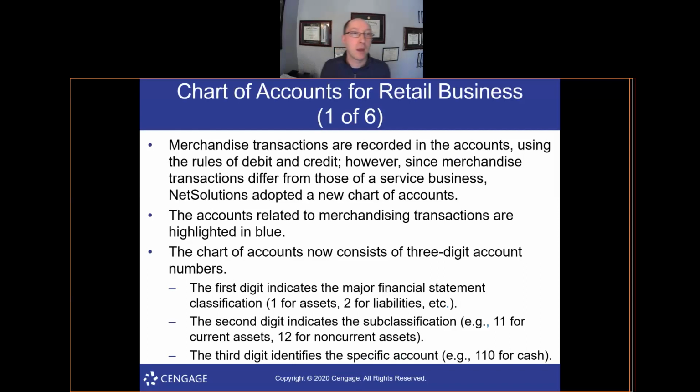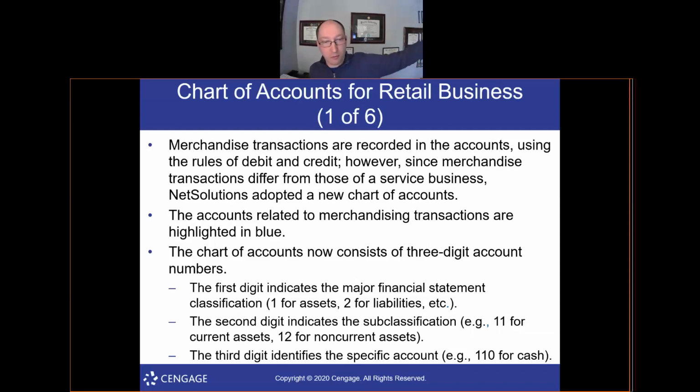Okay, let's talk about the chart of accounts. You all probably remember chart of accounts from the first two chapters. The chart of accounts is the list of all accounts that the business has.